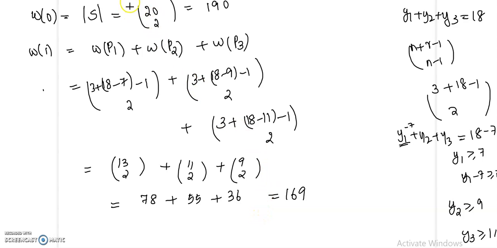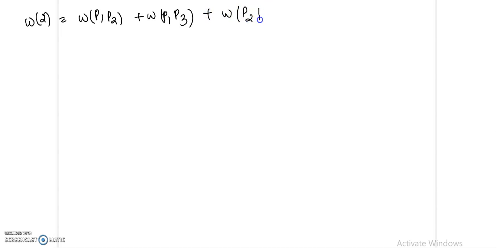Now let us find the value of omega of 2. Omega of 2 is omega of P1P2 plus omega of P1P3 plus omega of P2P3. When P1P2 comes, we get two conditions: y1 greater than or equal to 7 and y2 greater than or equal to 9.